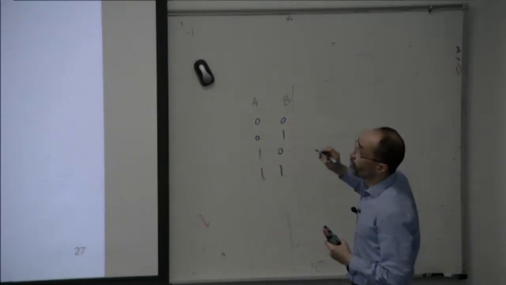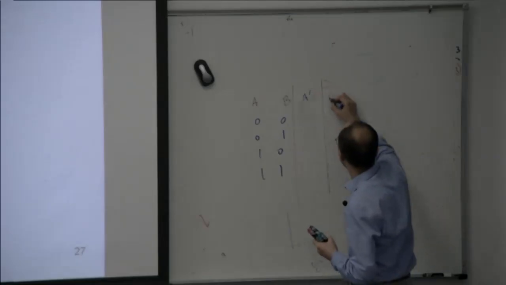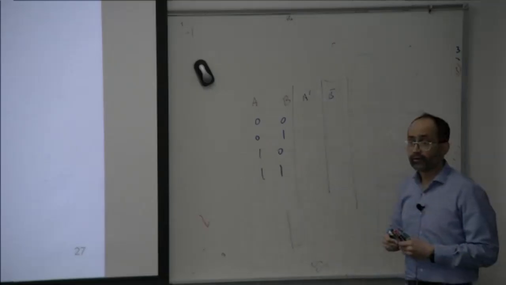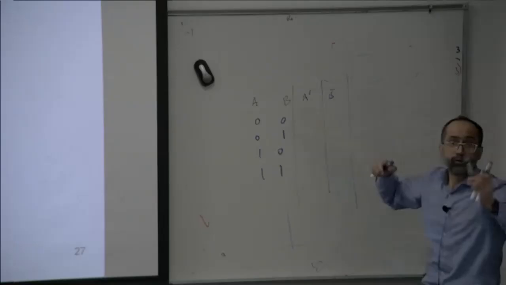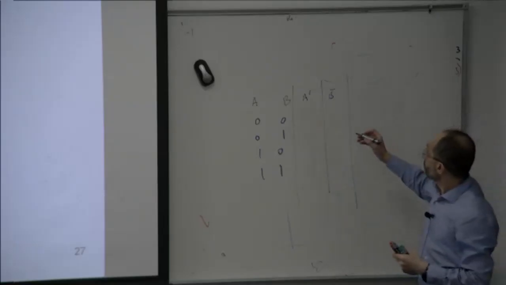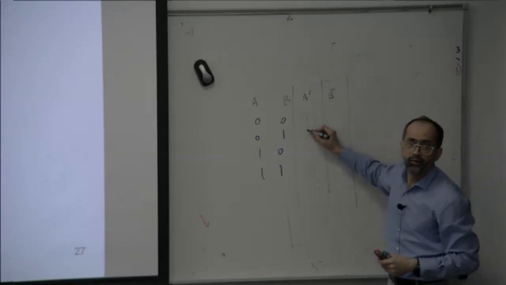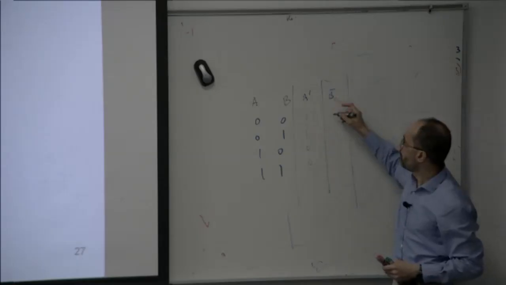Okay. Now we want to find A bar and then B bar. What is A bar? May you please help me? What is A bar? Now the guy with the cap. Yes. 1, then 1, then 0 0. Very good.